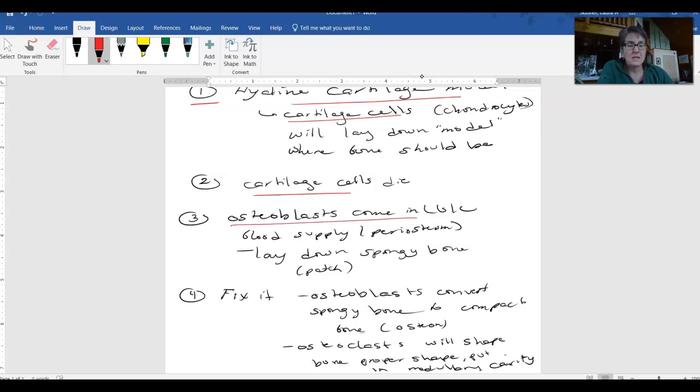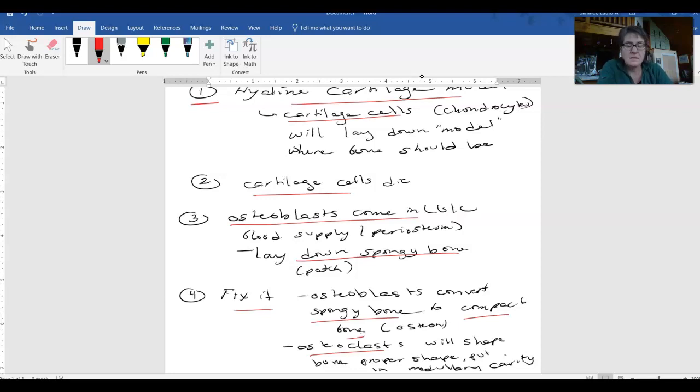Osteoblasts will come in because it's in their yard, and they will lay down spongy bone. Maybe they'll be done if that's all they needed to lay down. But if not, the fourth step will be that they fix it and lay down compact bone from the spongy bone if that's what's needed. And osteoclasts will also have a role to remodel and shape the bone into the proper shape, okay?